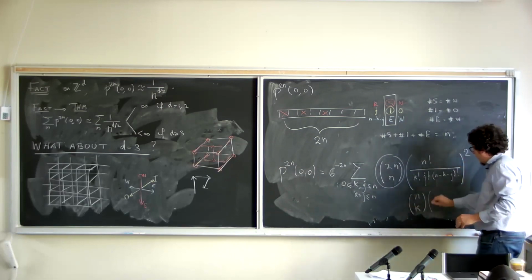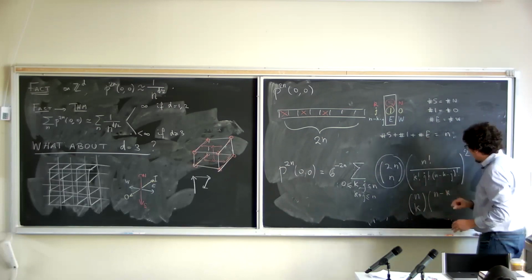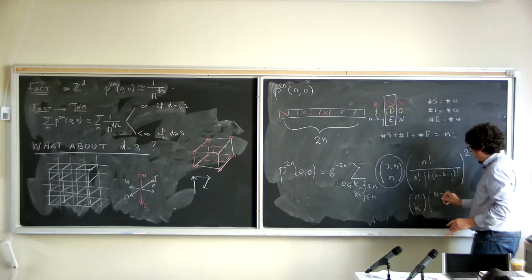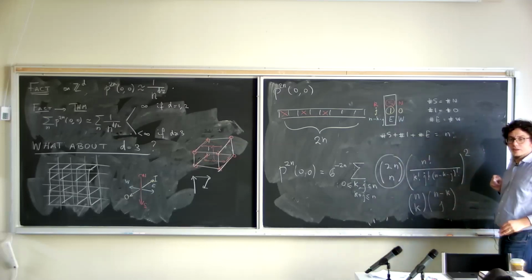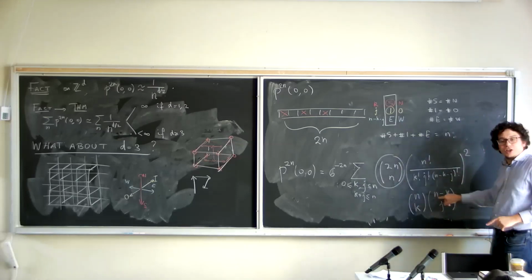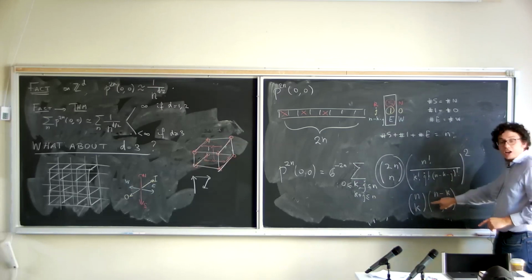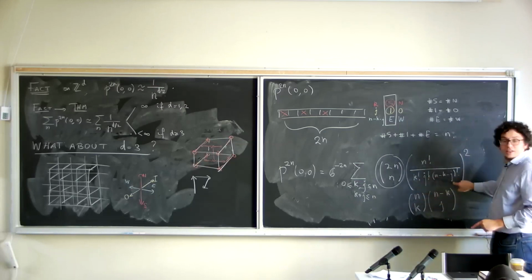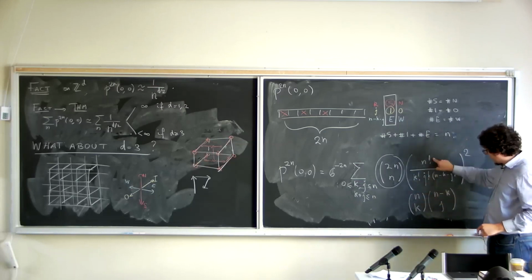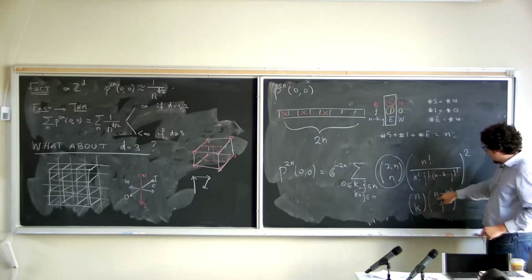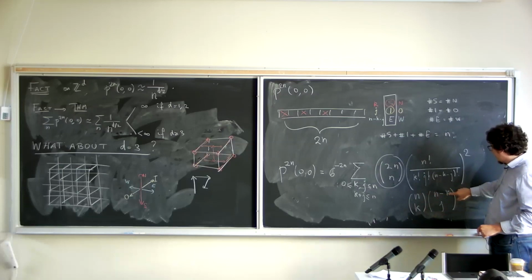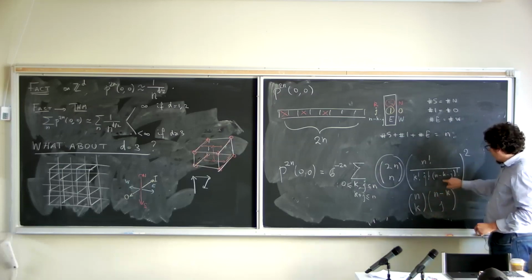And then how many are we left with? We have n minus k left, and we have to choose j of them. Now, if you do this computation, you realize that this is literally this thing here, because it's n factorial over k factorial, then you have n minus k factorial here that simplifies with n minus k factorial, and you're left with j factorial and n minus k minus j factorial.